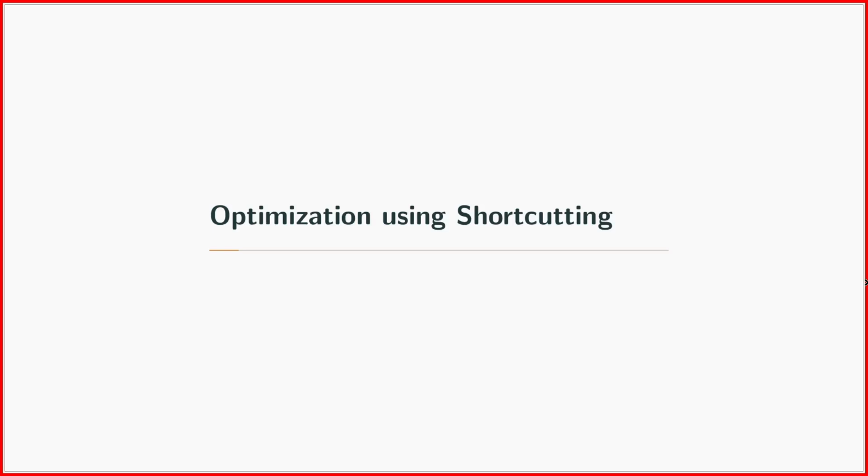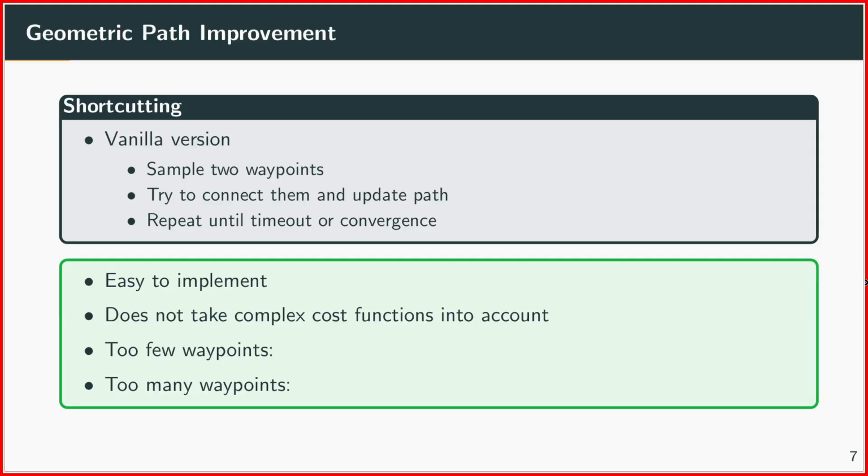Let me just start with shortcutting. I think we already discussed that when we talked about PRM and RRT, because you always get back a very zigzag path, and of course this is not near optimal, and something very cheap which you can do is shortcutting.